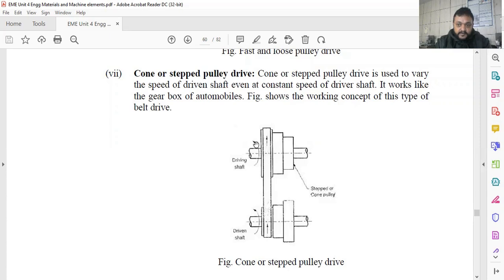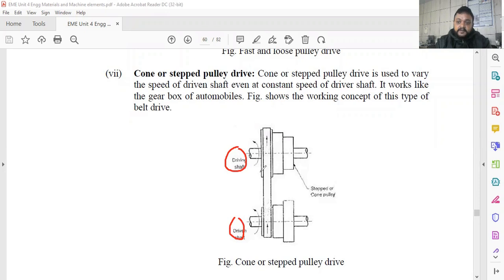Here you can see the driving shaft is this one, and this is the driven shaft. So what you have to do is make different combinations of pulleys on the driving shaft and driven shaft, so that depending upon the velocity ratio, we can alter the speed of the driven shaft in accordance with the driving shaft.